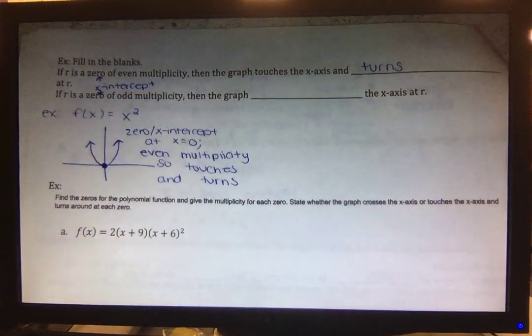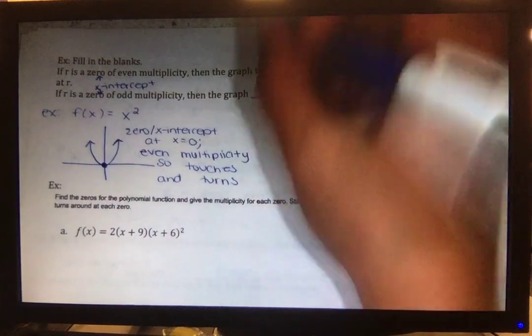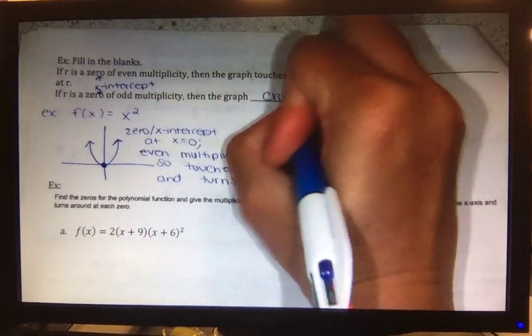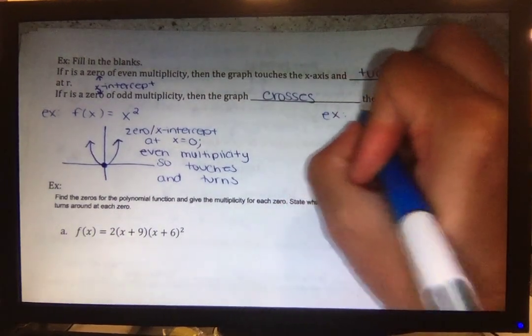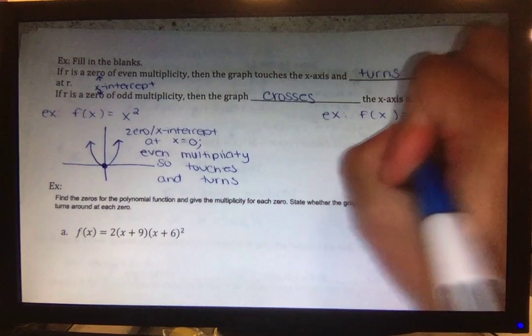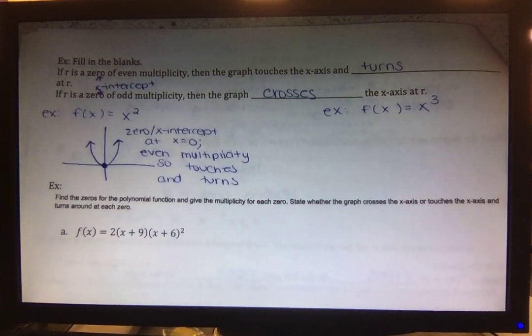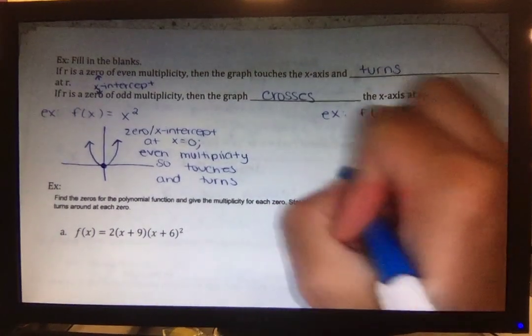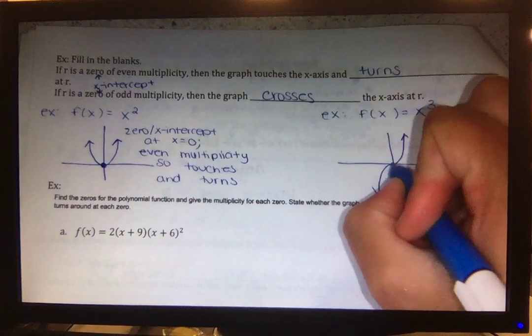So likewise, if R is a 0 of odd multiplicity, then the graph crosses the x-axis at R. Another example of that one would be f of x equals x cubed. So that 0 is occurring 3 times. So it's odd multiplicity, and we know it looks something like this.